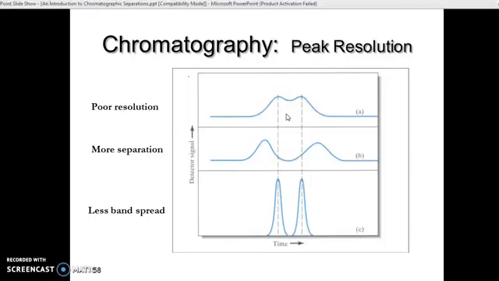You have to consider the average linear velocity, the multiple pathway, then band broadening, height of the theoretical plate, retention factor or capacity factor, as well as diffusion of the solute in the mobile phase, diffusion of the solute in the stationary phase, thickness of the stationary phase, retention time, distribution constant, then concentration of solute in the stationary phase, concentration of solute in the mobile phase.